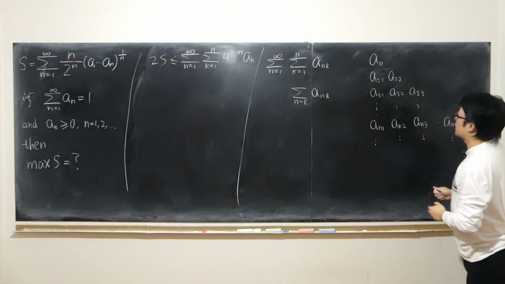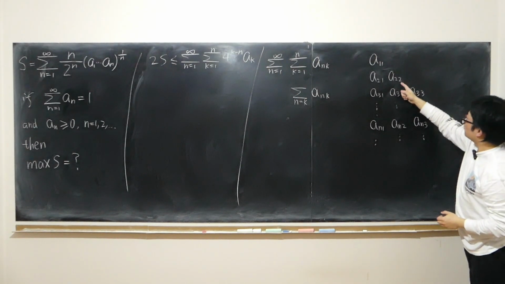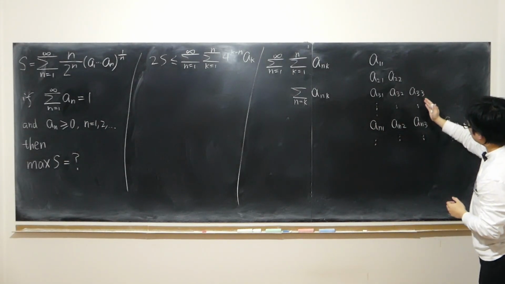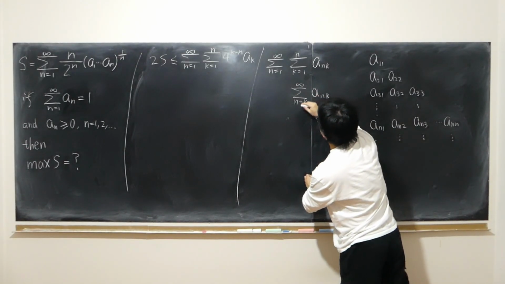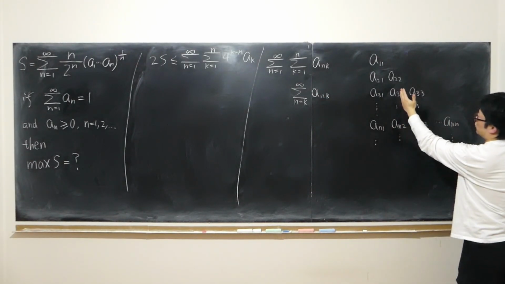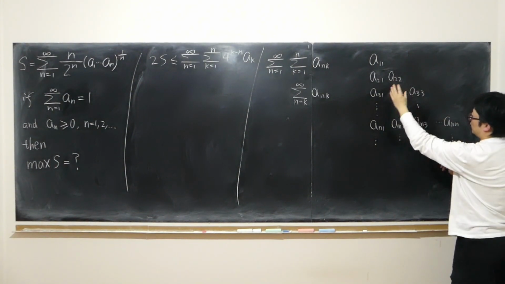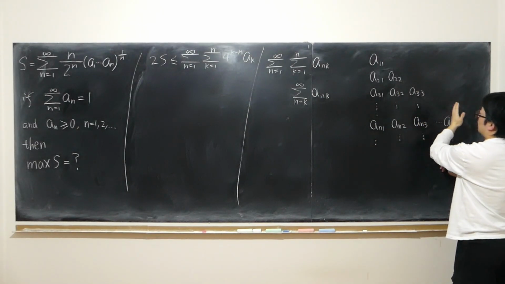If k is equal to 3, we start from 3. If k is 2, we start from 2. So we start from k, all the way to infinity. Then after you finish the calculation of the sum of each column, you add up all the columns: column 1, column 2, column 3, all the way.